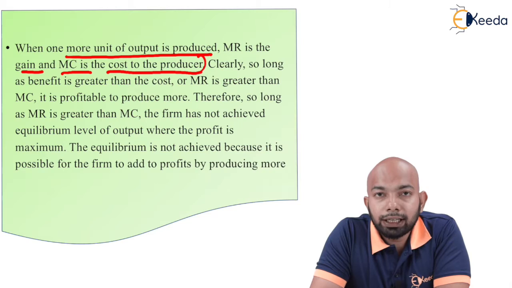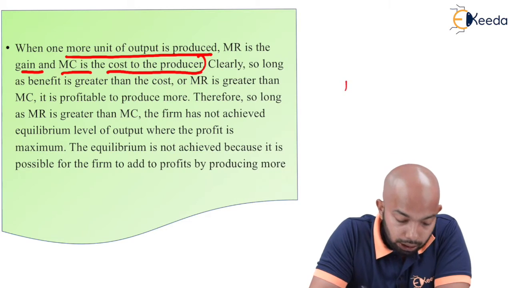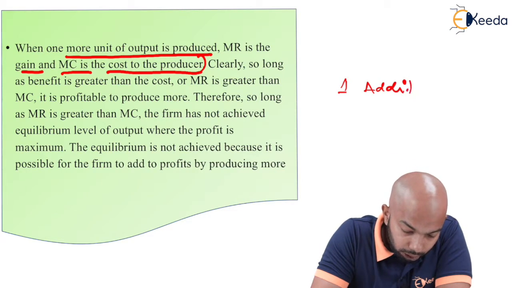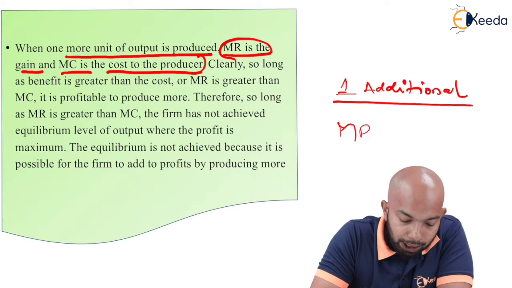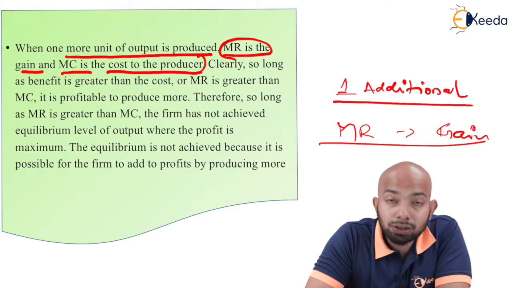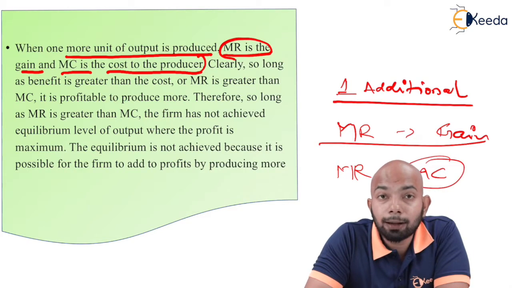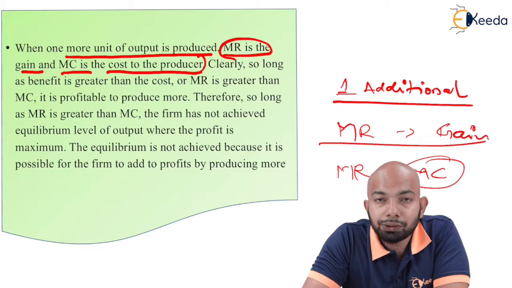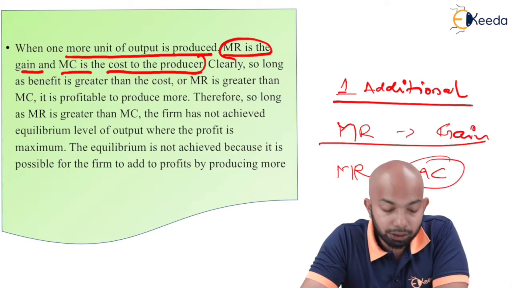When you make one additional unit, the marginal revenue is going to be a gain, that is for sure, because that product is going to be sold. But along with that, marginal cost also comes into the picture, because to sell this unit, you need to first produce it. If production comes into the picture, cost is absolutely going to be with it.